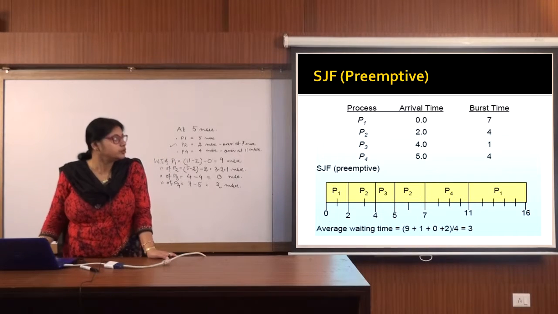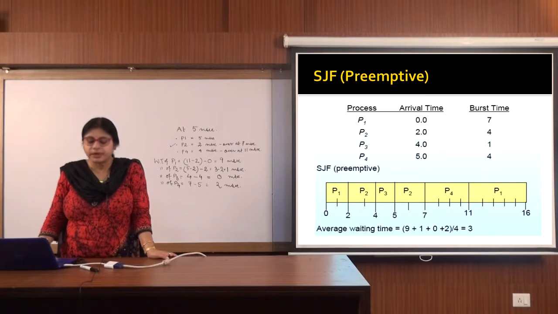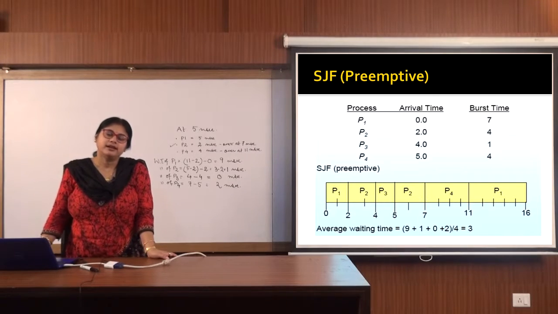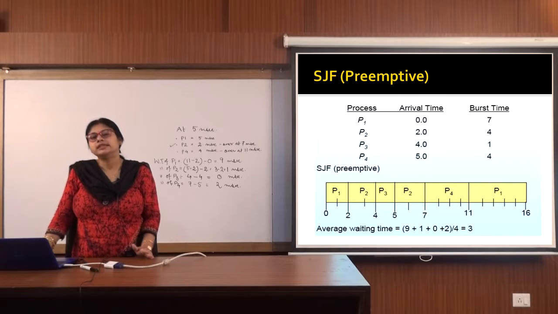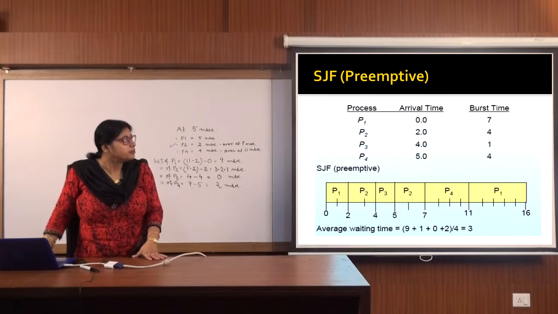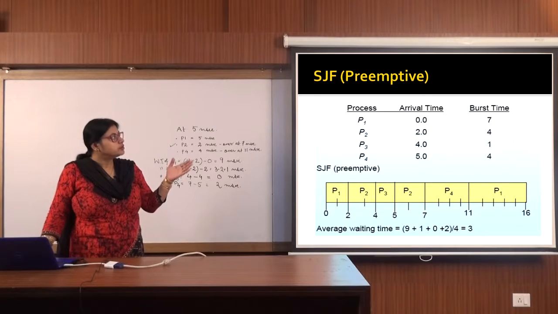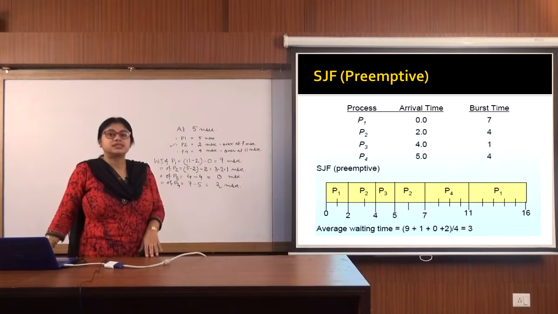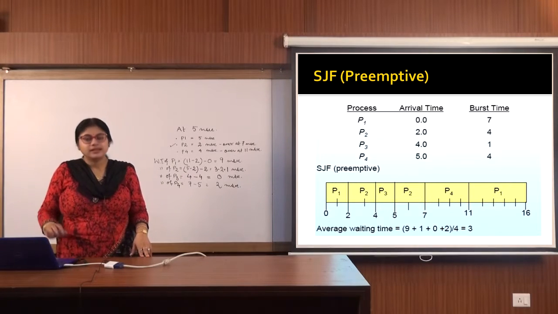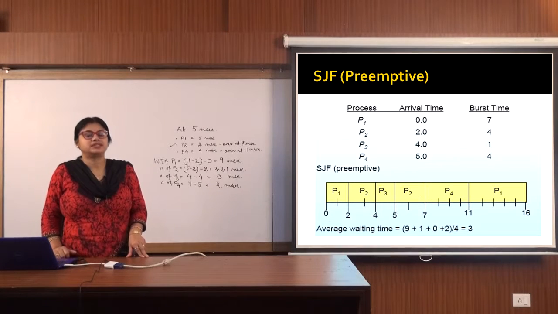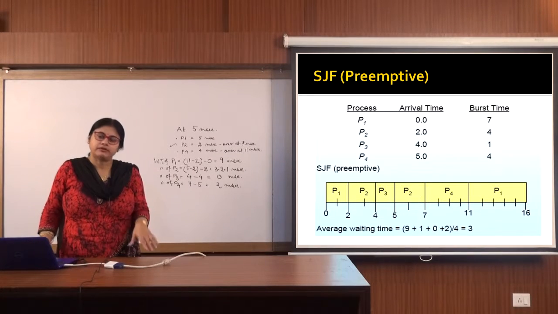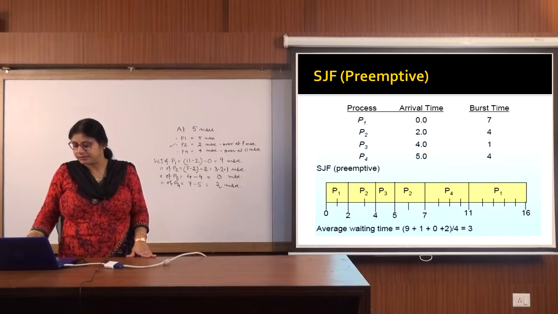So again I am showing you that for non-preemptive SJF scheduling algorithm, whatever average time we are getting, we get lesser average time for preemptive SJF. This is the case for non-preemptive SJF, where we are having the average waiting time 4 milliseconds, and this is the case for preemptive SJF, where we are having lesser average waiting time, which is 3 millisecond.